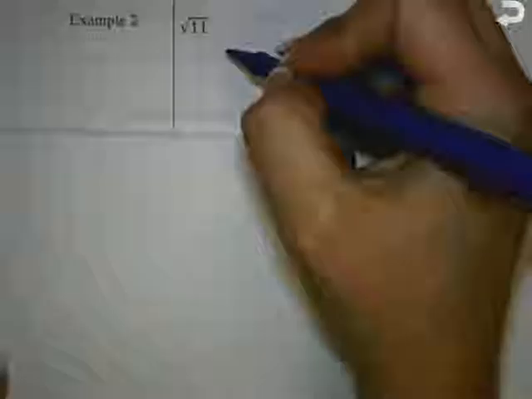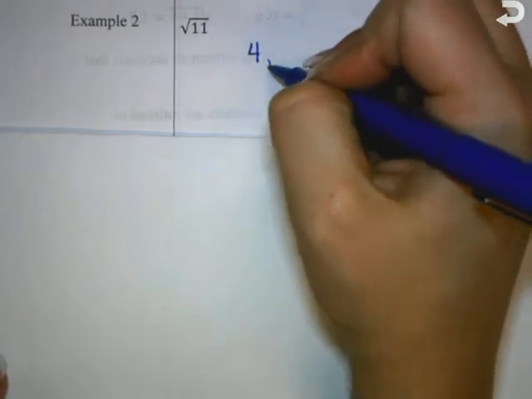Is 11 a perfect square? No. Does a number times itself give you 11? No. So we need to list the perfect squares that are close to 11. So what are some perfect squares close to 11? 4. 9. Is 10 a perfect square?